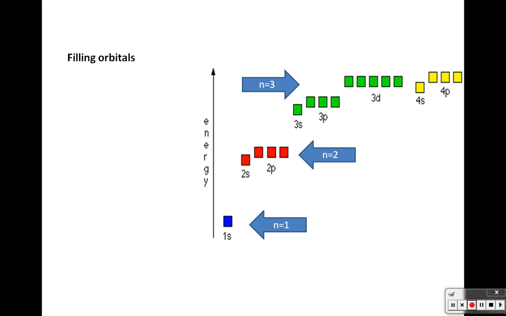Now, if you notice, go back to where we talked about the n equals 2 would be the 8 electrons on the second ring. You'll notice on the n equals 3, the 3s and the 3p electrons are pretty close together as far as energy. And then the 3d, there's a bigger jump, and in fact, if you look carefully, the 4s electrons are actually lower energy than the 3d electrons.